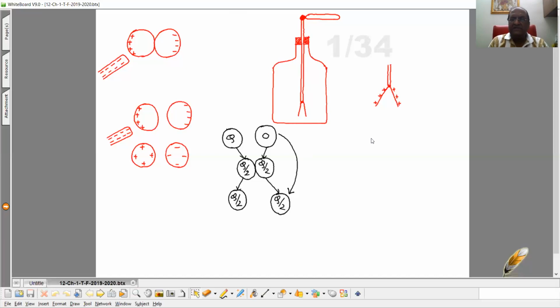And charges have the characteristic of transfer. Charges can be transferred from one substance to another substance, right? And earth is very good sink of charge.